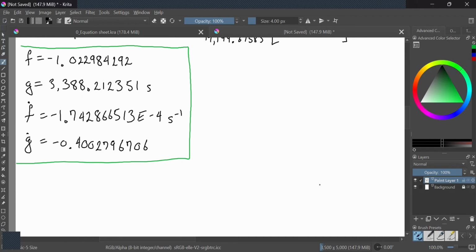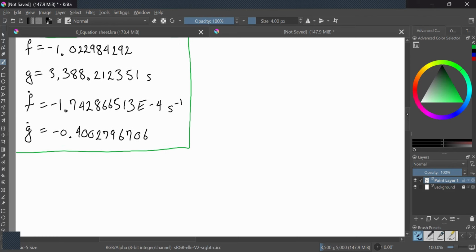All right. Now we have our Lagrange coefficients. Now comes the actual fun part of plugging them in. Let me do this.